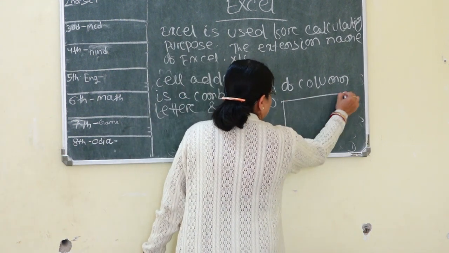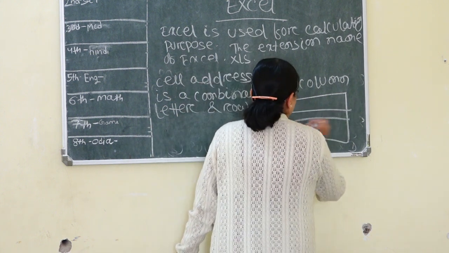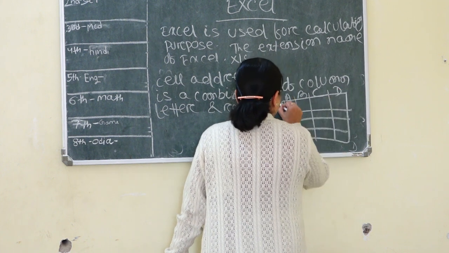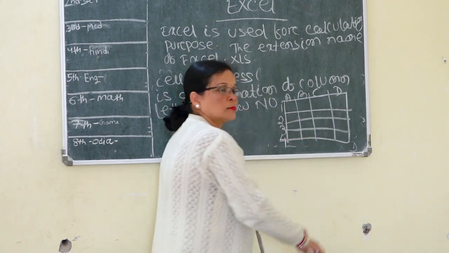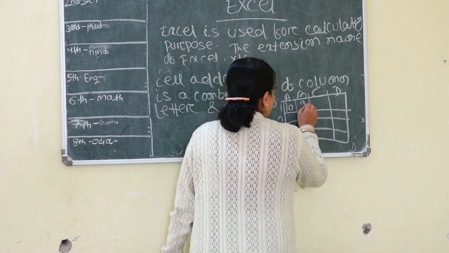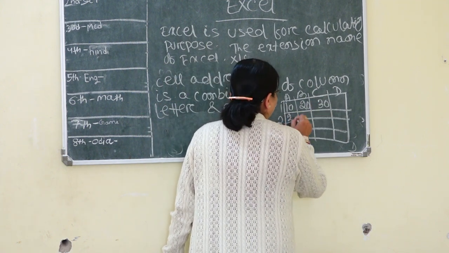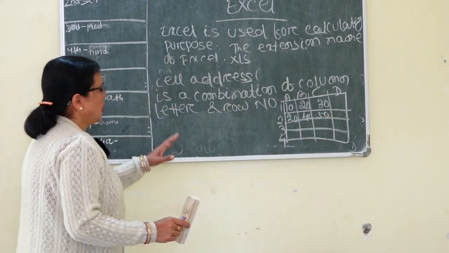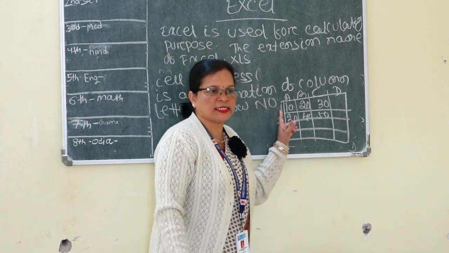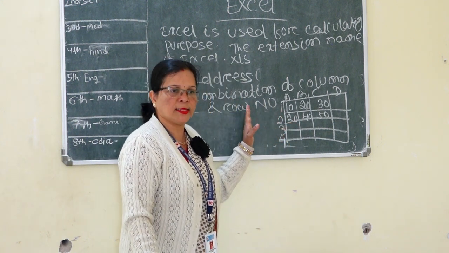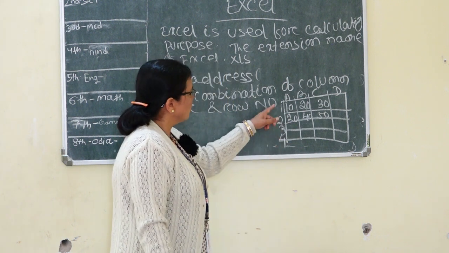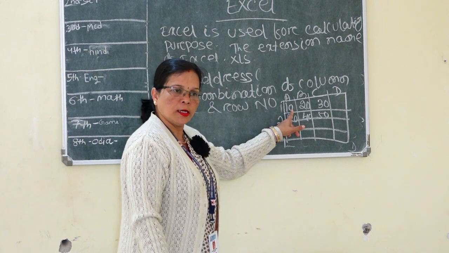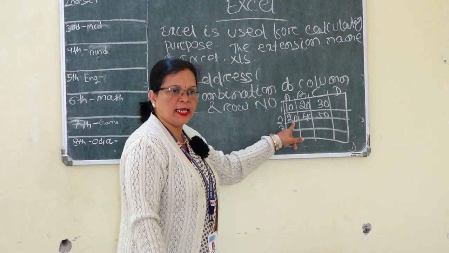You just see. 10, 20, 30, 20, 40, 50. You just see what is cell address. Now I have taken the example of a cell in Excel. 10 is also a cell. 20 is also a cell.